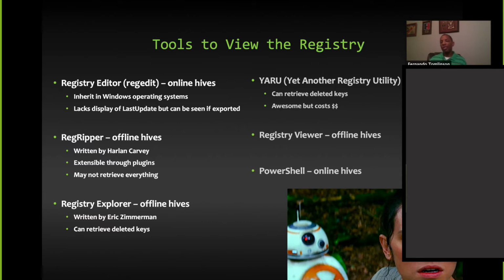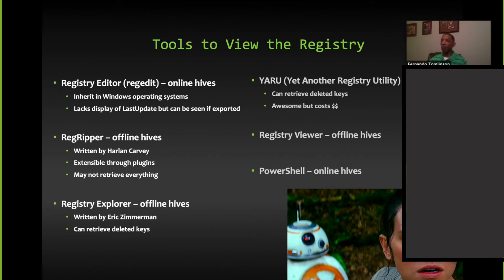Now, with any type of automated analysis, we may not get everything that we care about, because it's all up to the individual who is writing the tool to determine what is relevant for us to get and what not to get. So in this case, we may have a gaping hole in which we're missing stuff because of that reason. We have Registry Explorer, and this can help us see deleted keys.